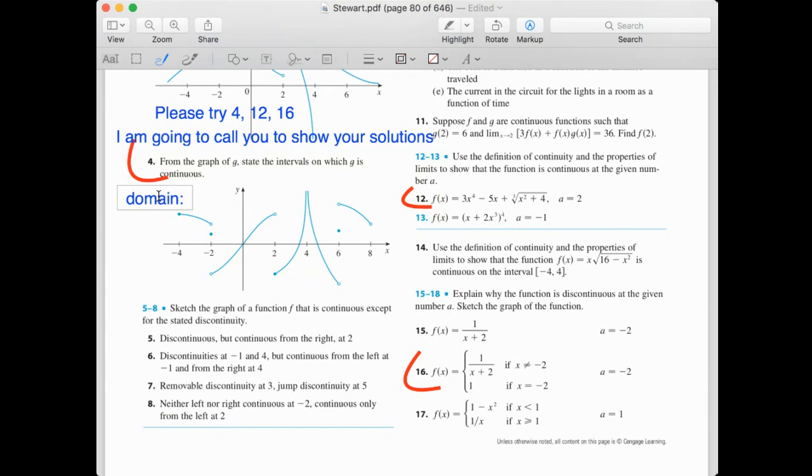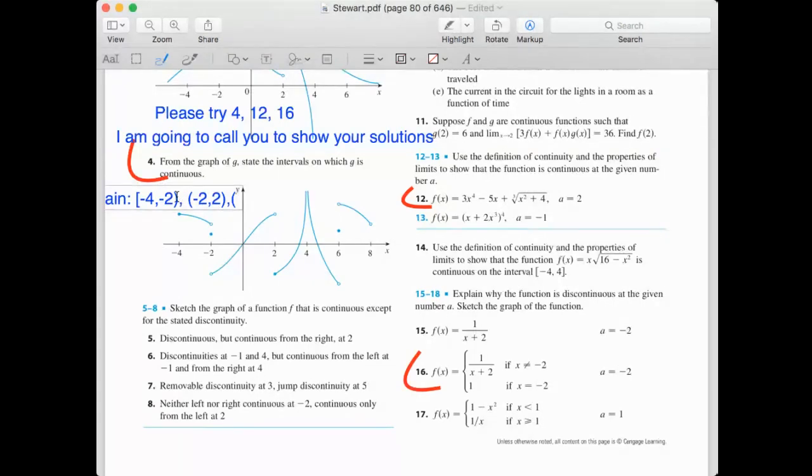Right, so you are saying -4 up to -2 with an open parenthesis, then -2 up to 2 open parenthesis.